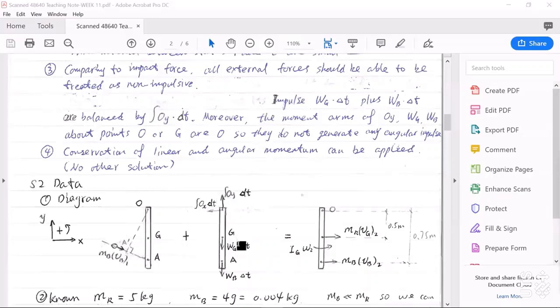Impulse WG delta T, WB delta T, and OY dt. These three are balanced.